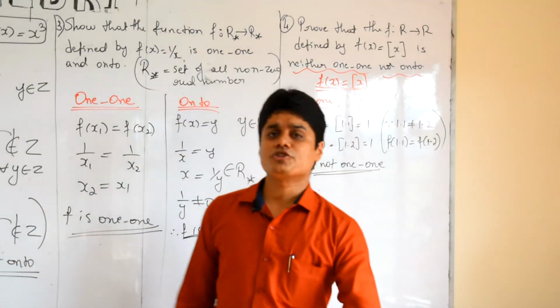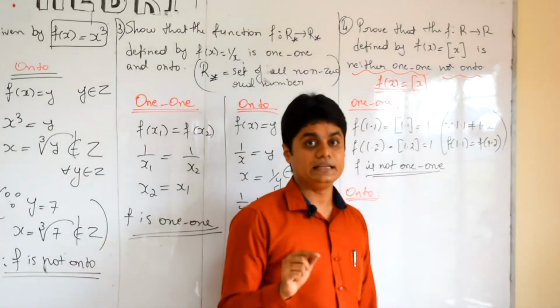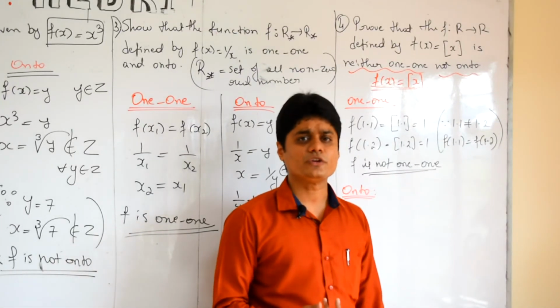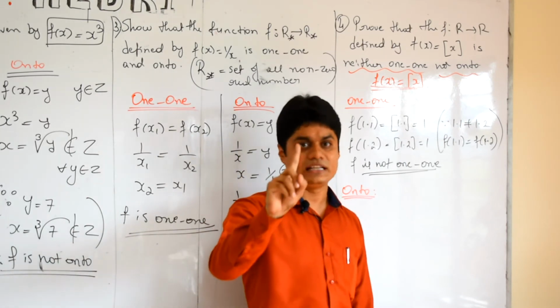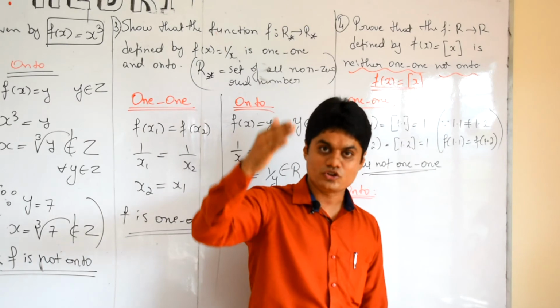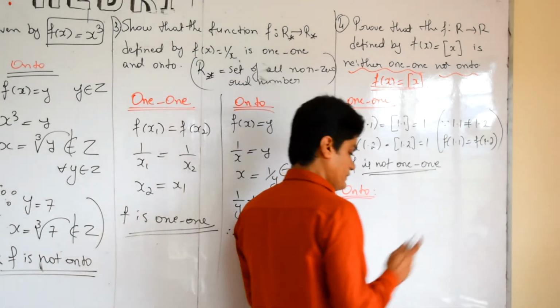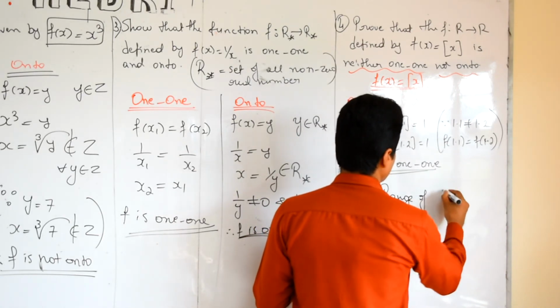If the function is onto, then the range must be equal to the codomain. Why? By the definition of onto, every element of the codomain must be related to at least one element in the domain. So if all elements of the codomain are related, what is the range? The codomain itself. So tell me first the range of this function. What is the range of greatest integer of x?